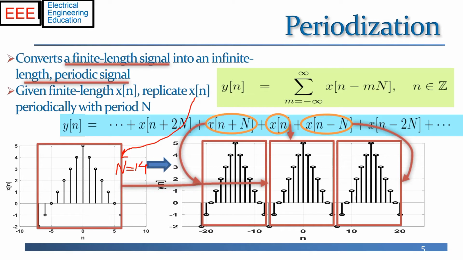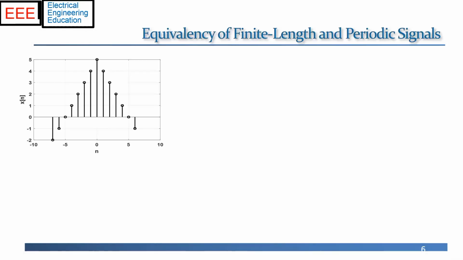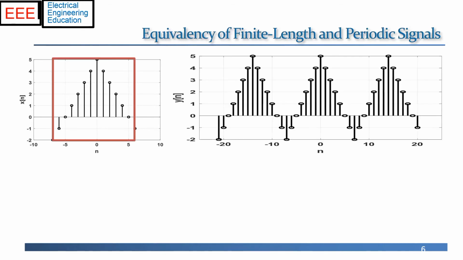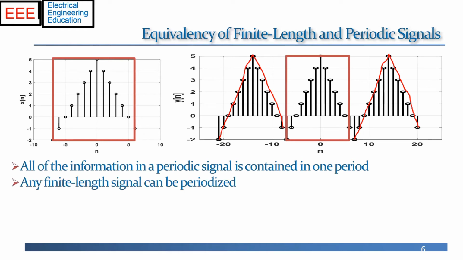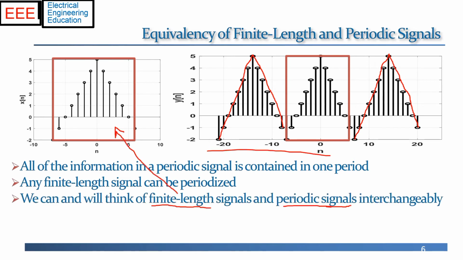Clearly it should now be obvious that if a single period of the periodic signal is given, or rather a finite length signal is given, then that finite length periodized signal carries exactly the same information as the periodic signal. Said another way, since a periodic signal just repeats the same fundamental period over and over, there is no additional information in a periodic signal than is there in the finite length signal that defines the fundamental period.